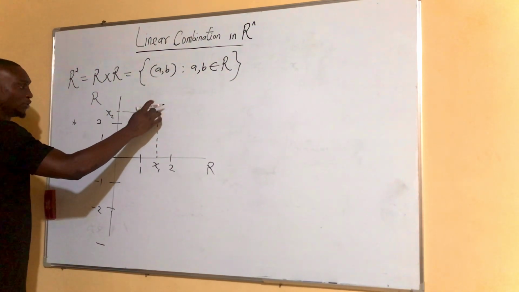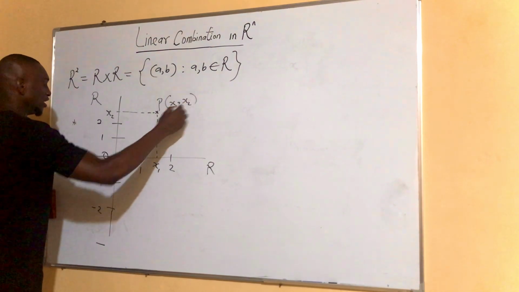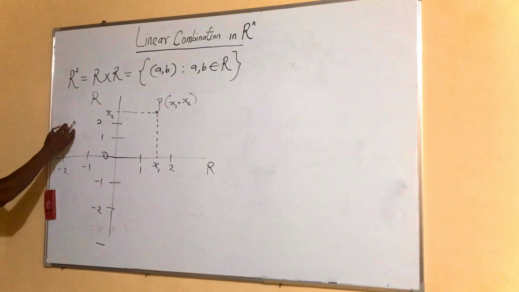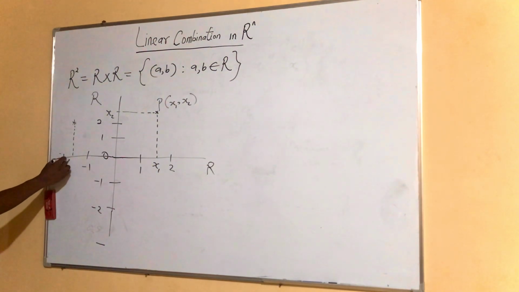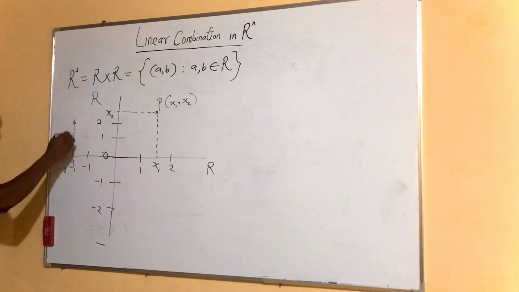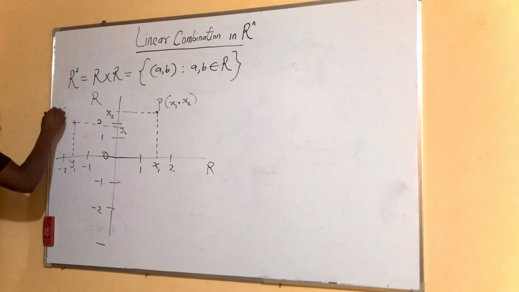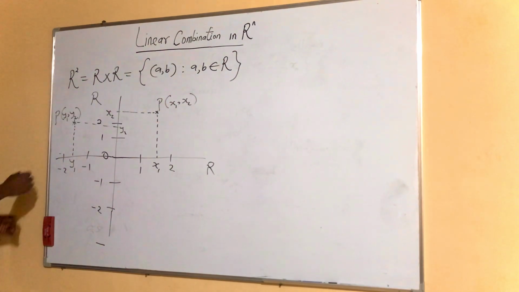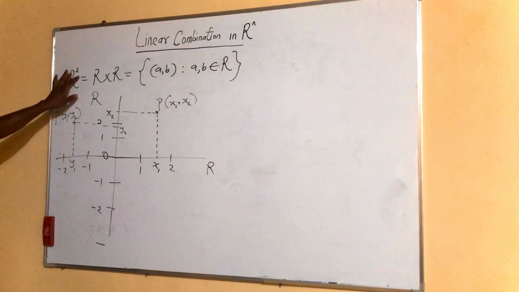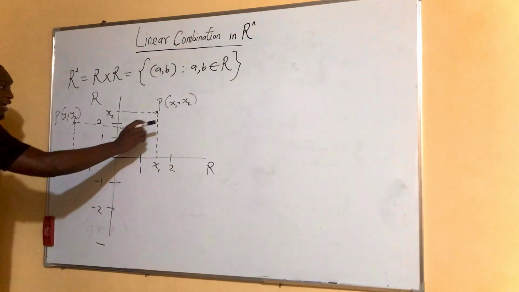For this particular point here, we have x1 and x2. At the same time, when we have this point here, we can trace it down. We have y1, and at the same time we have y2. So we call this point y1 and y2. So this real number to the power of 2 implies an ordered pair.